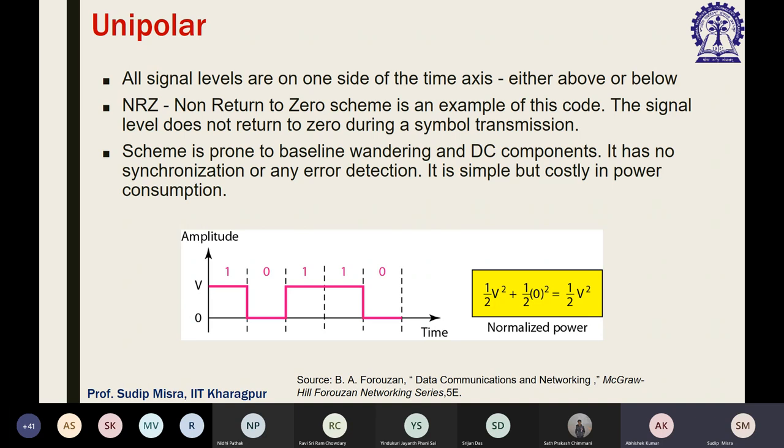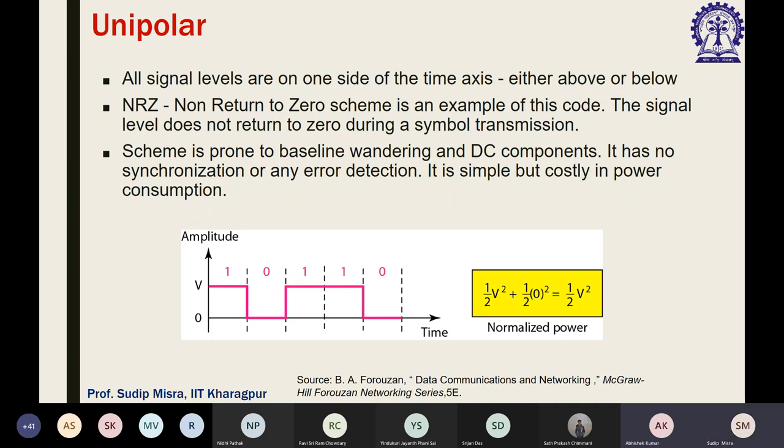So whenever there is a transition, that alerts the receiver that it is the beginning of the pulse, middle of the pulse, or end of the pulse, right? So basically, if there are transitions in the signal, that alerts the receiver to the beginning of the pulse, middle of the pulse, or end of the pulse.